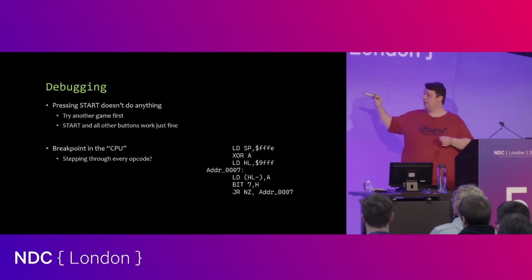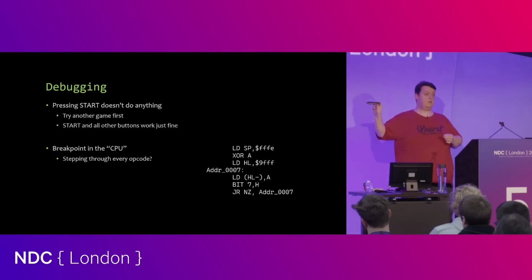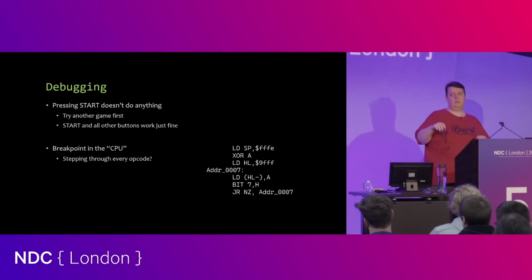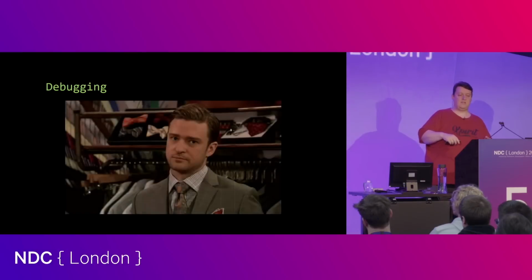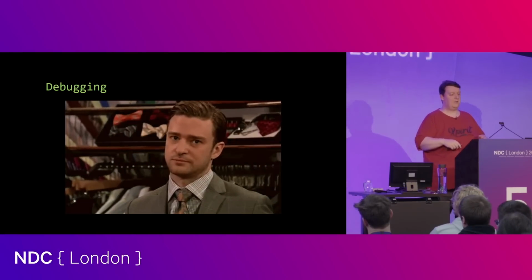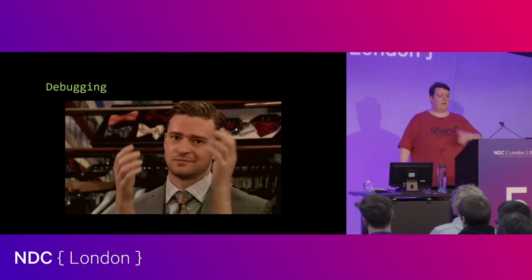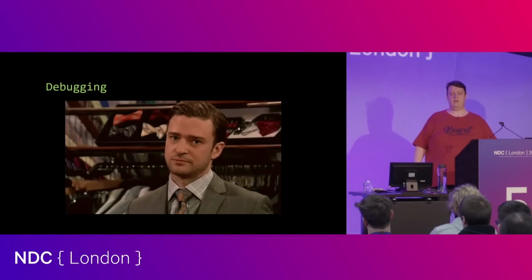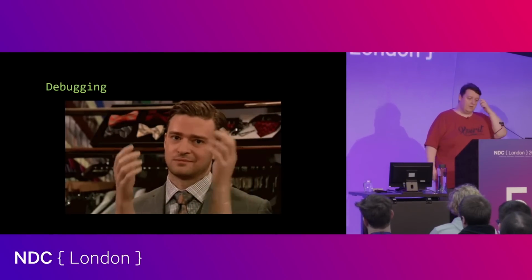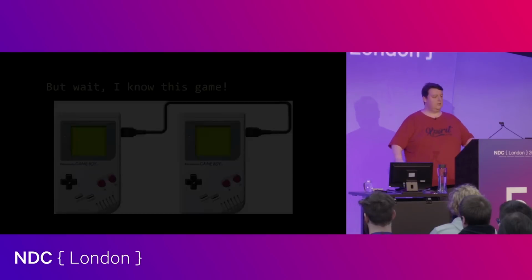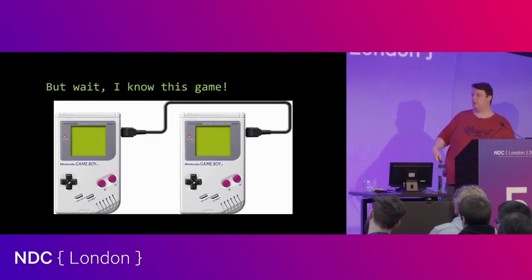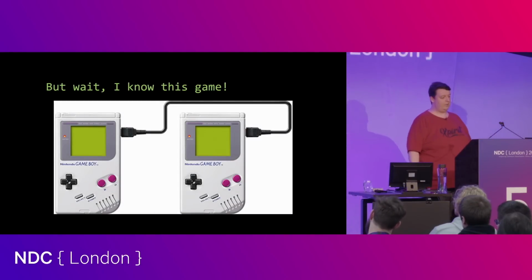This tiny little loop of 6 instructions would already take you about 24,000 steps to debug. Yeah, that's not gonna work. If I'm gonna wait around for that one, I'll grow a beard, and trust me when I say that, I don't easily grow a beard. So that's not really how we're gonna be able to debug this game.